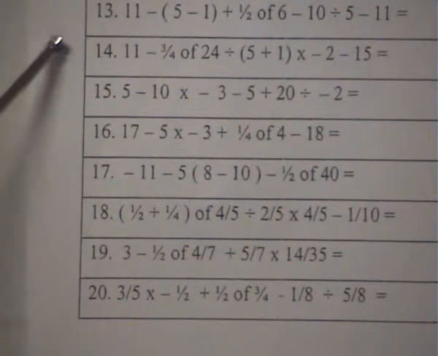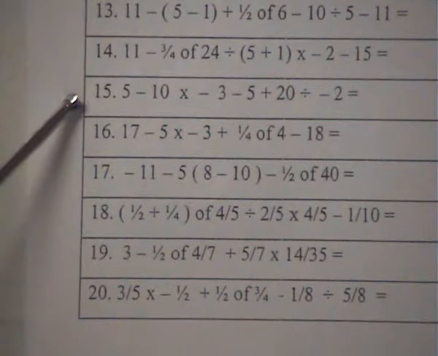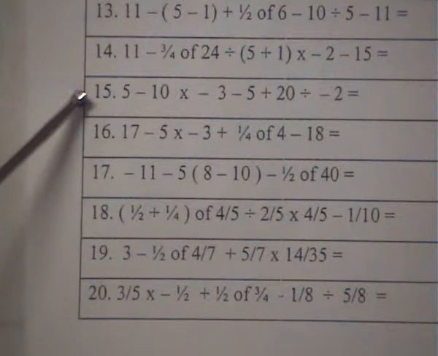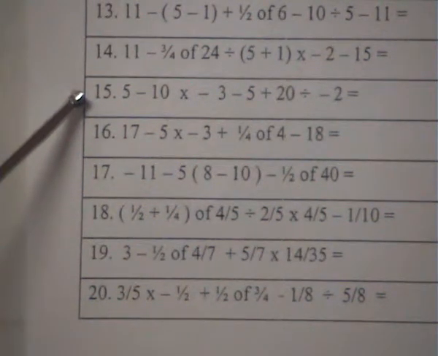15. Number 15, 5 minus 10 times minus 3 minus 5 plus 20 divided by minus 2.